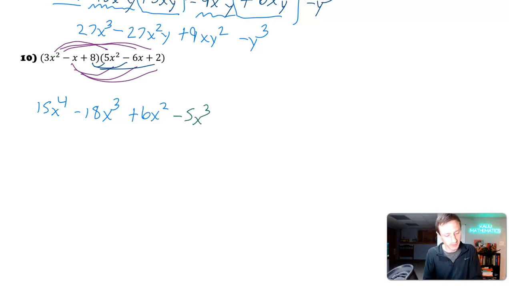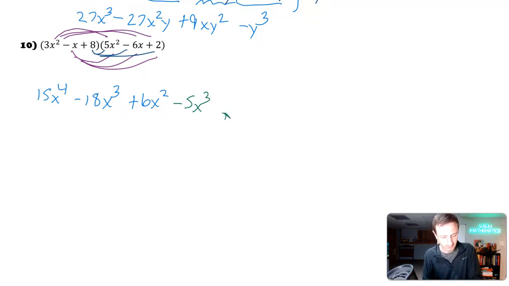Negative x times negative 6x is positive 6x squared. See, that's what happens. You get thrown off for like half a second, and you kind of lose your spot. And then negative x times 2, which is going to be negative 2x.